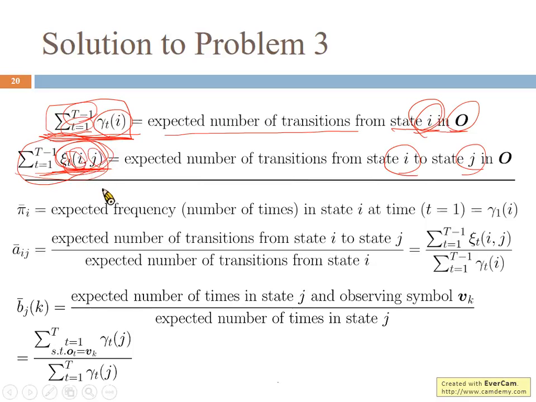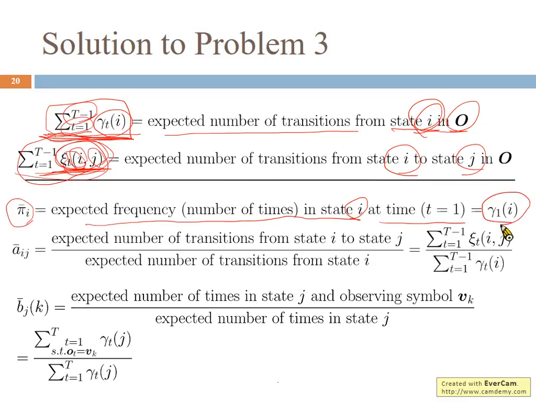Okay, so by considering all these properties, we now can estimate pi, the initial probability, the transition probability, and the observation probability. For the initial probability of state i, that would be the expected frequency of being in state i at time equal to 1.